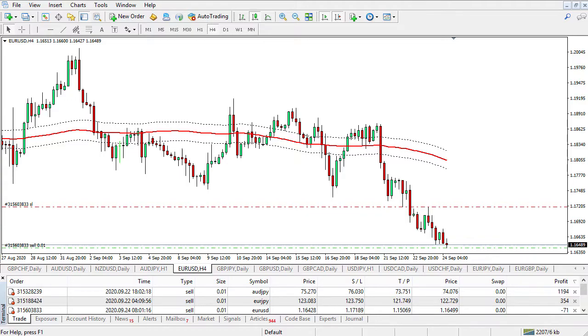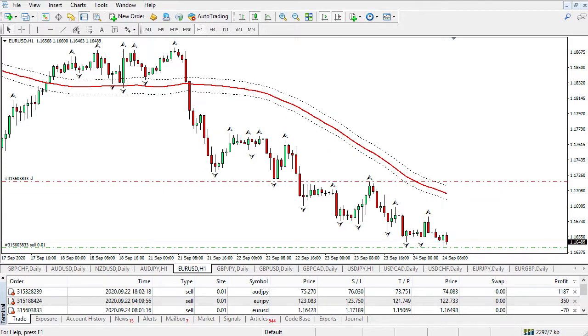As you can see on the screen, price also made a successful bearish crossover below the 360 period simple moving averages on the 4-hour time frame of the Euro USD currency pair, confirming to us that the direction of the short-term trend on this currency pair's 4-hour time frame is also bearish at the moment. And this is the reason why I proceeded to its 1-hour chart to find low-risk, high-probability short trade setups in the direction of the prevalent bearish trend.